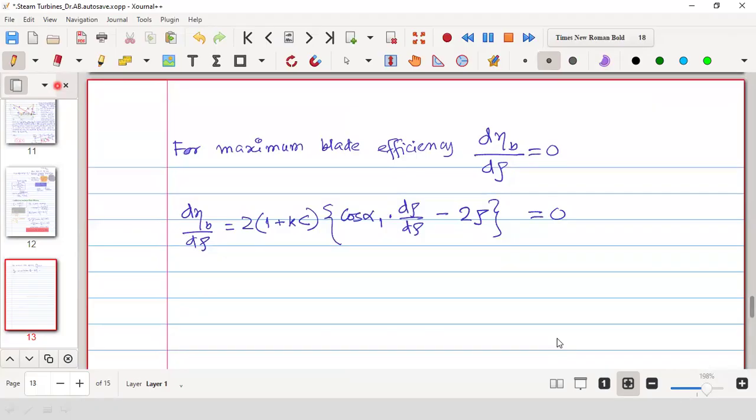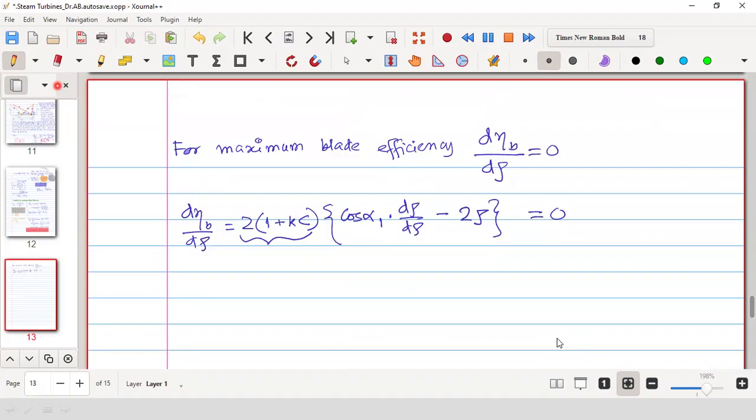Now this 1 plus Kc is something which cannot be 0, because C or K can never be negative. Minimum value will be basically 1. So it cannot be 0.